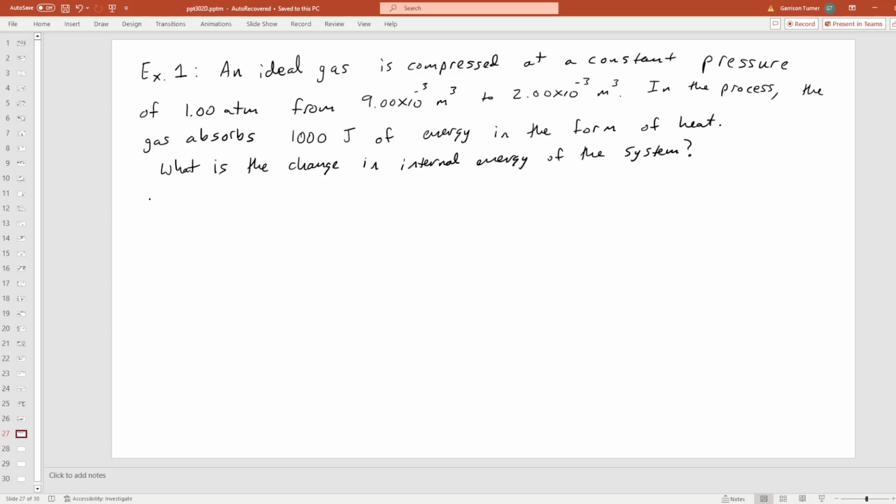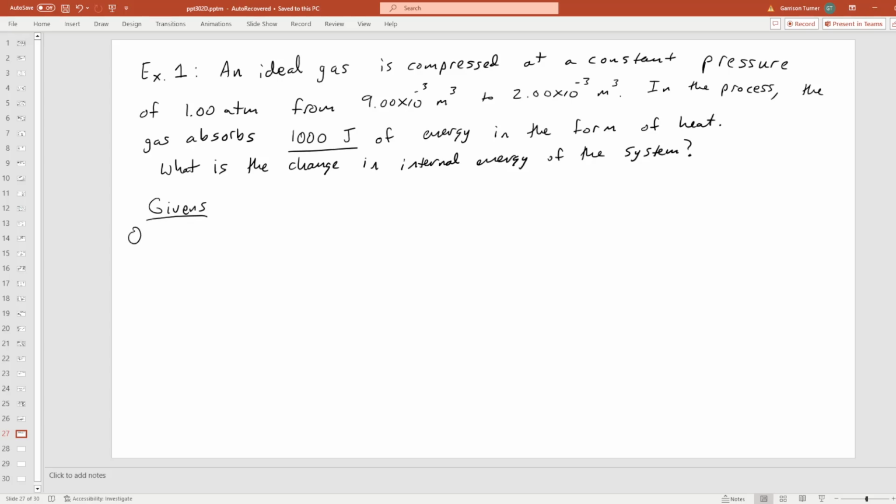So kind of going back to a problem-solving recipe, I'm going to write out what our givens are. Even though this is one of the last pieces of information in the problem, I'm going to start with this one because it's one of the easiest to interpret. In the process, the gas absorbs 1,000 joules of energy in the form of heat.